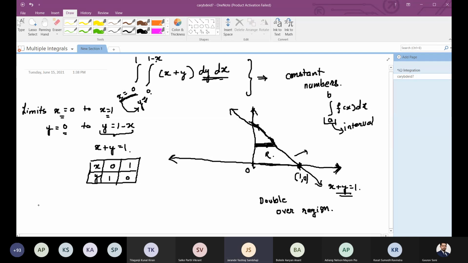From y equal to 0 to y equal to 1. What about x? The same, 0 to 1? Yes, sir.